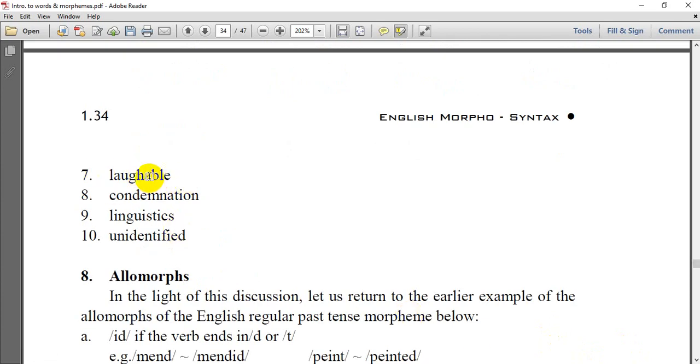Laughable, laugh and able, two morphemes. Have to break it down. Unidentified.